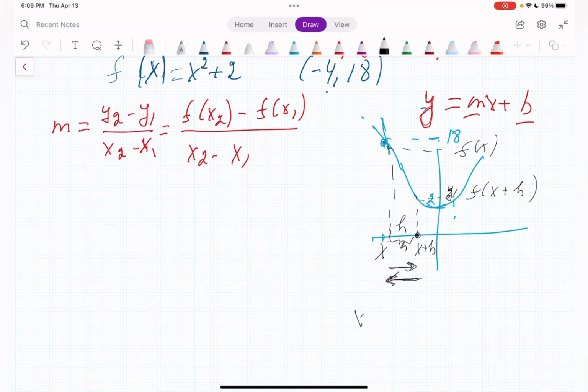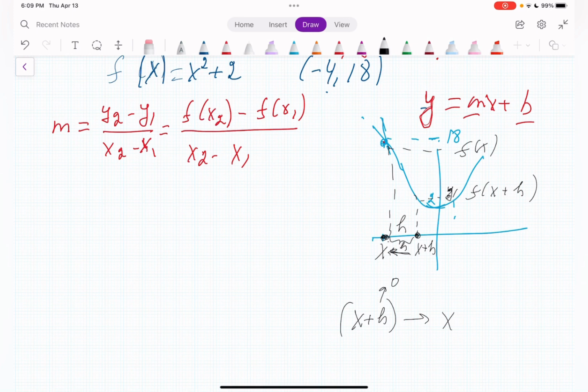As x plus h approaches x, from here it will come here. The distance h is going to get slowly less and less, and at the point when it reaches x, it's going to become 0, right?